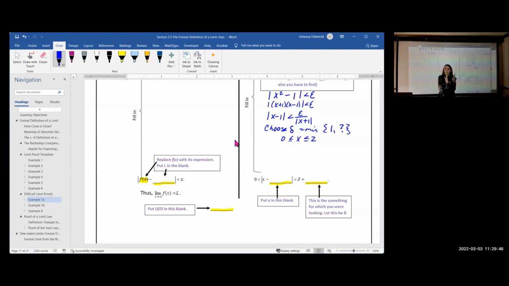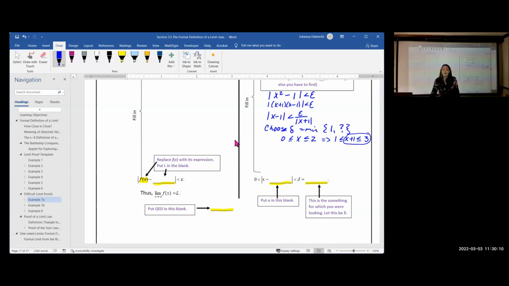One step to the right would take you to 2. So we know that x is trapped between 0 and 2, which means that x plus 1 is trapped between 1 and 3. Now we're going to focus on just the upper part of this inequality, x plus 1 less than or equal to 3.